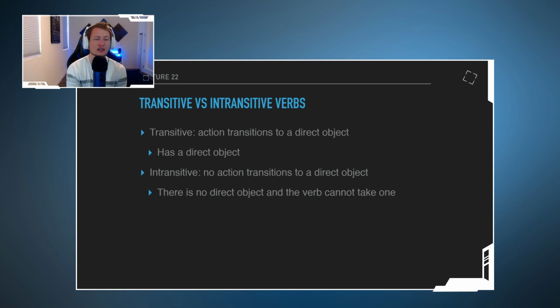If it's intransitive, translate it that way. Because it is possible you could have a verb that's transitive in one context but intransitive in another, perhaps. So just be aware of those terms and look it up in BDAG. It'll help you.